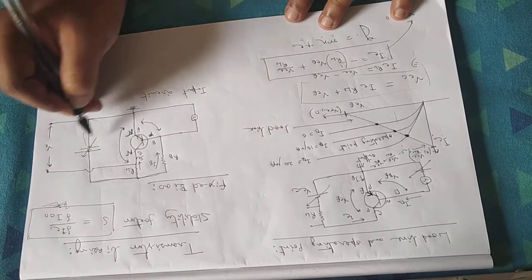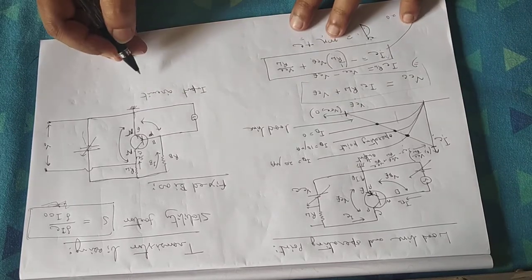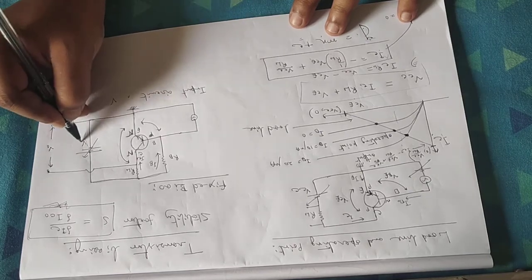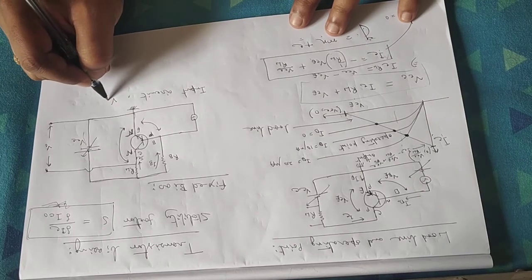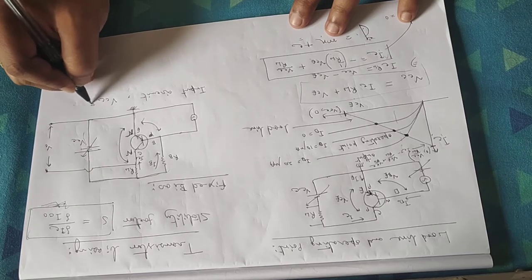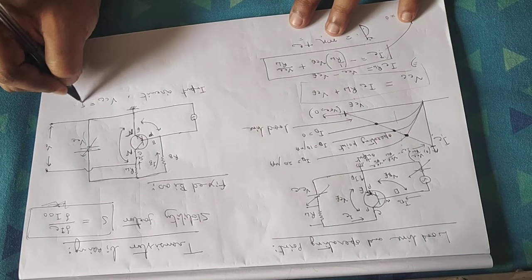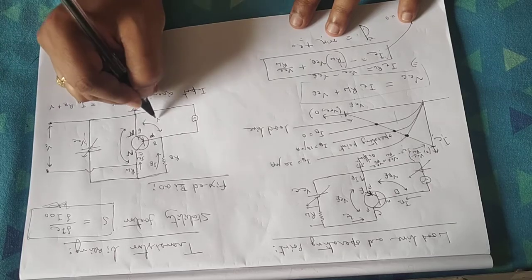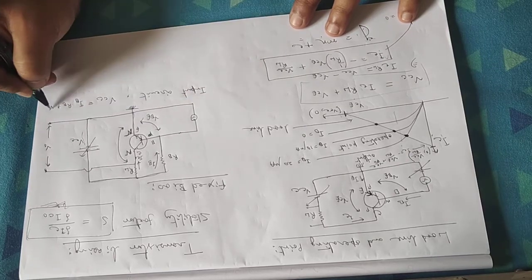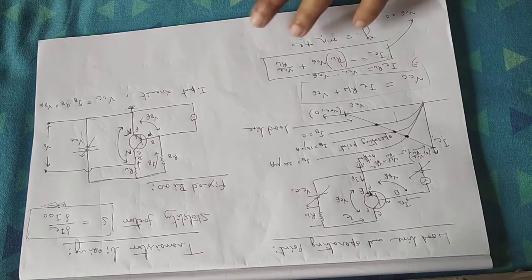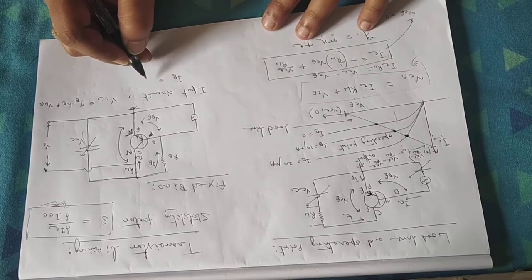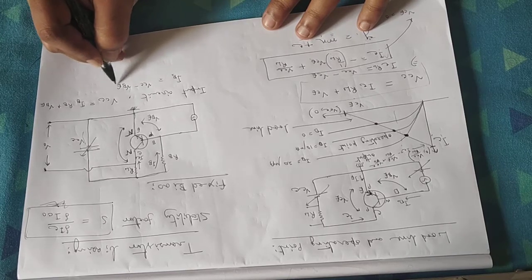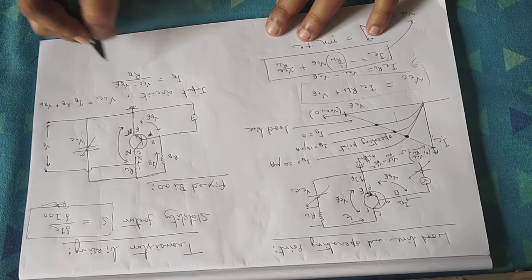For the input circuit, I can write that the battery potential VCC equals IB into RB plus this voltage drop, that is VBE. From this equation you can easily calculate the value of IB. IB equals VCC minus VBE divided by RB.